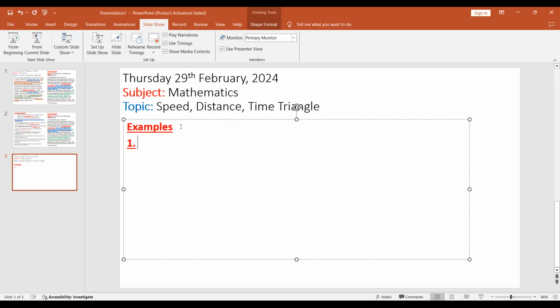Number 1. Jason walks from the mall at Marathon to Sir Linden International Airport.